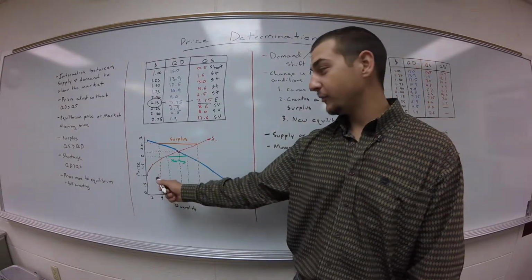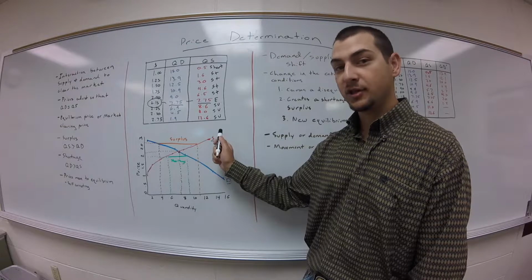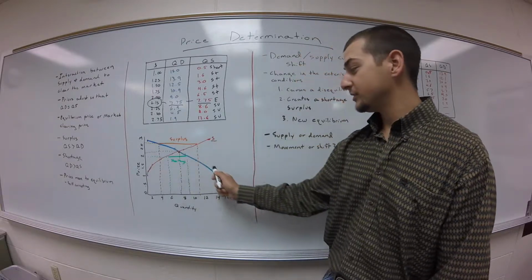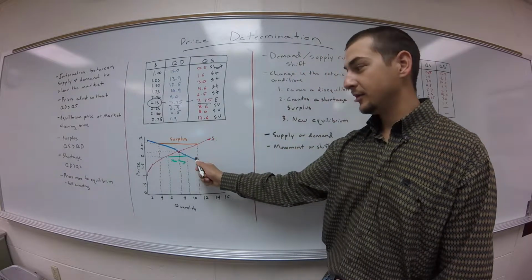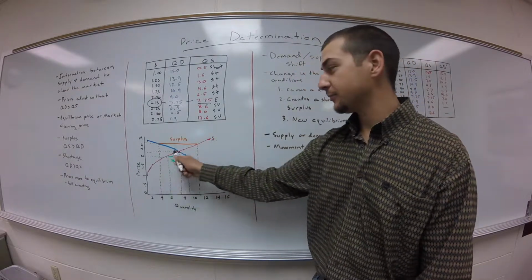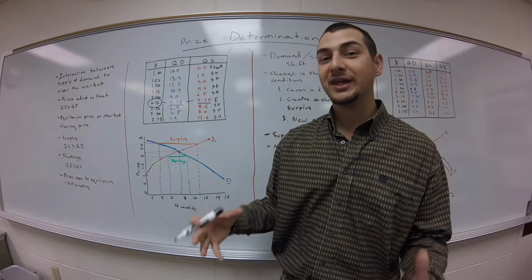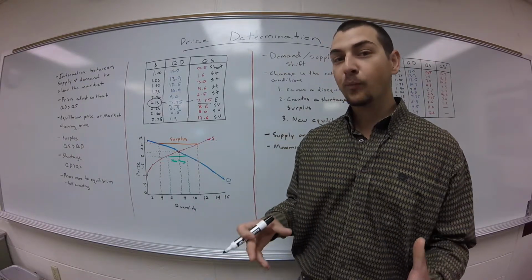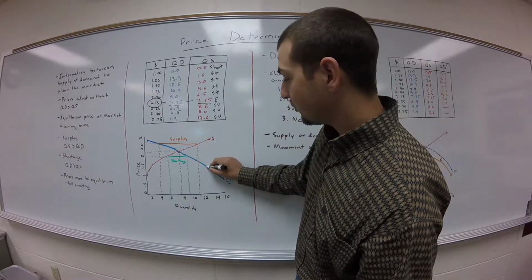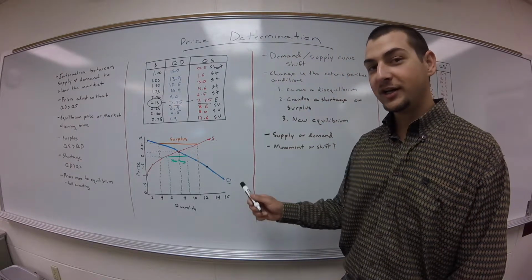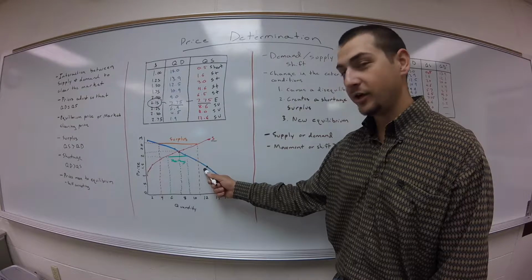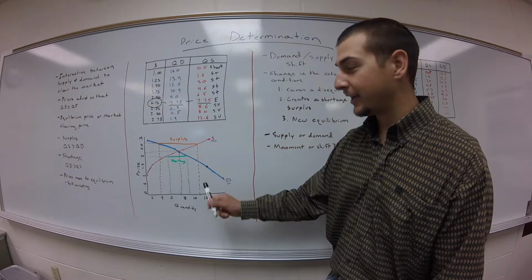So now we know that we have the supply curve, which is upward sloping. We have that demand curve, which is downward sloping. And these curves represent the demand relationship and then the supply relationship. But a single point on that graph, let's say like that point right there, represents a quantity demanded.